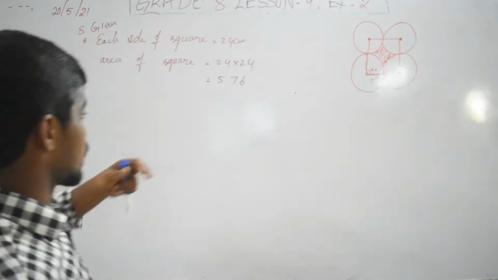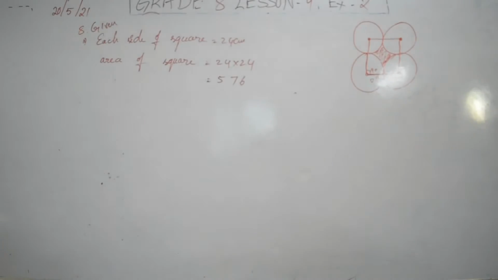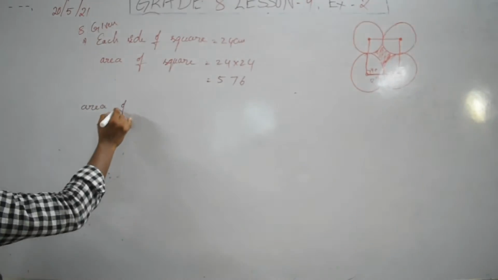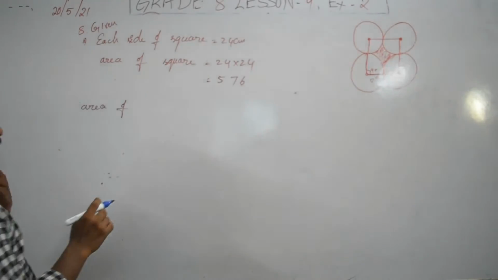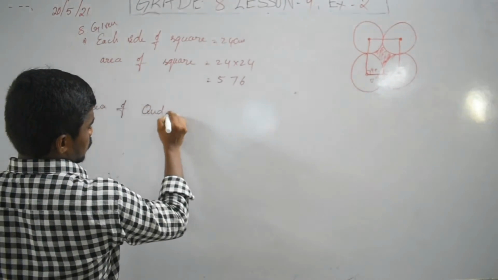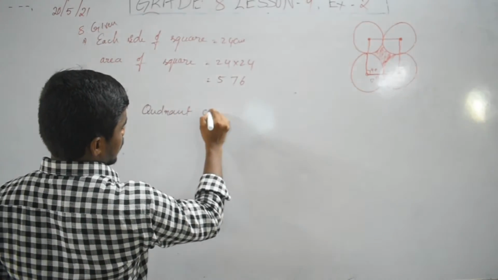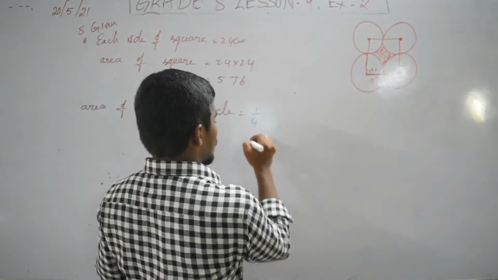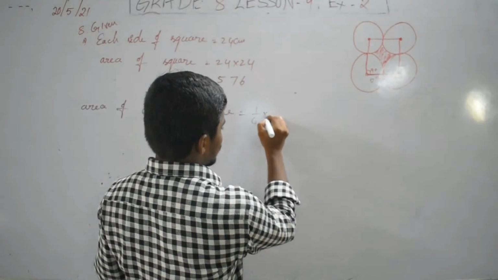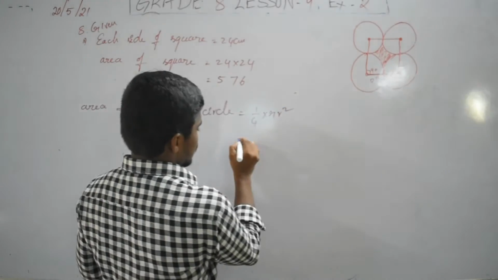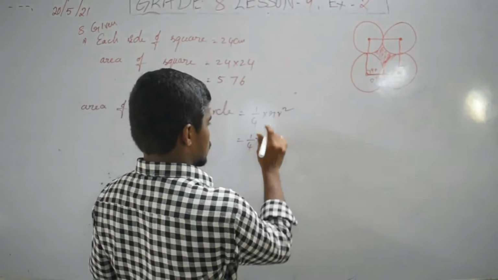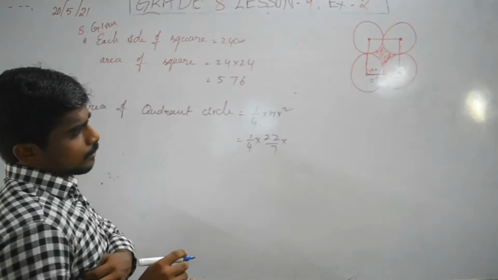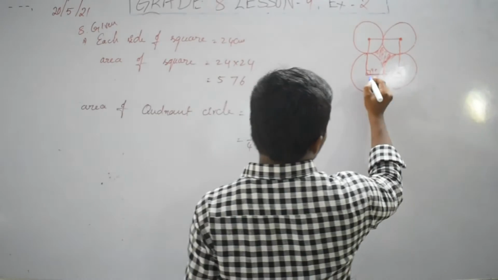Now the area of the square is 576. The area of a quadrant of a circle: how much? Here 1 by 4 times pi r square. So 1 by 4 times pi, the value 22 by 7, and r, from here to here, is 12.